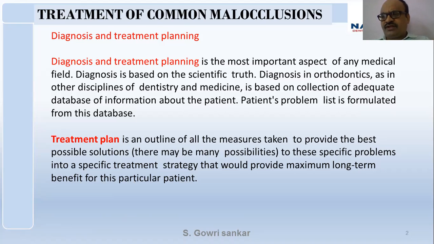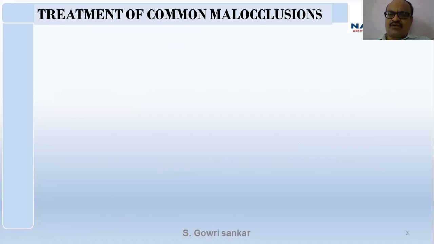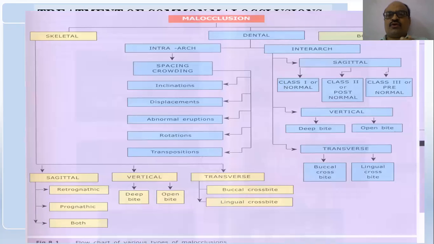Now we are going to see the different common malocclusions, as we have discussed earlier. We have what is called intra-arch malocclusions, that is, present within either the maxillary or mandibular arch. Usually these intra-arch malocclusions are dental in nature, and we have inter-arch malocclusions, and again inter-arch malocclusions are of three types: the sagittal, the vertical, and the transverse.